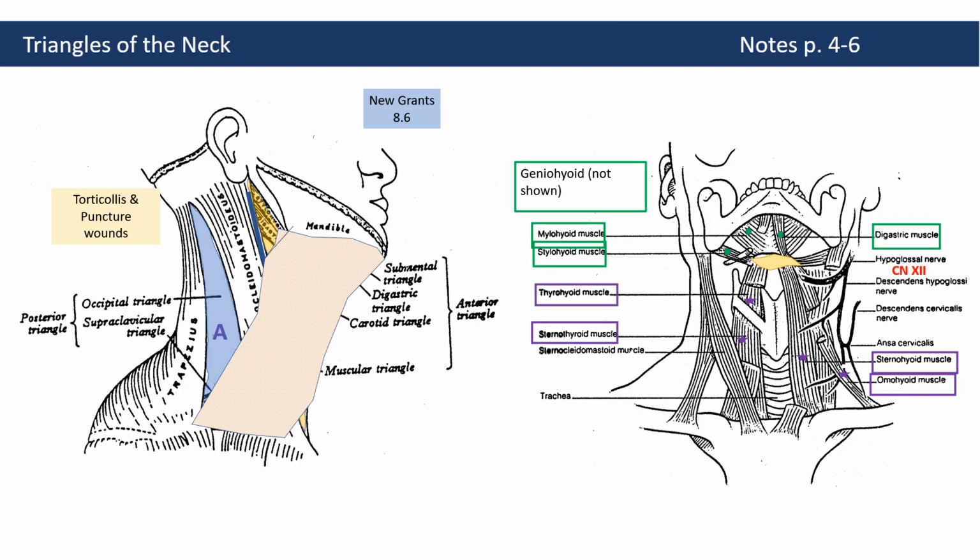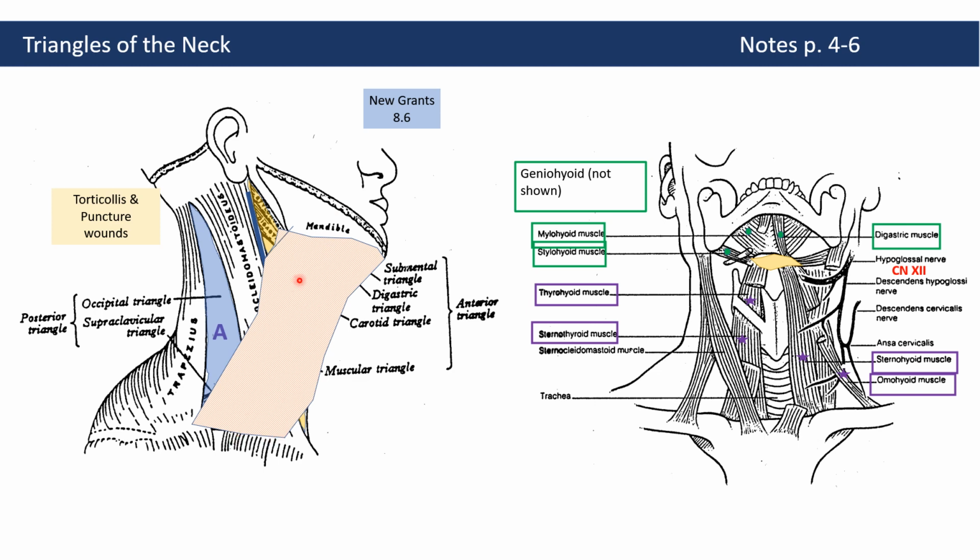So as we take a look around the neck, I've described to you briefly those columns, and I will talk more about that. But another way that we can orient ourselves to structures in the neck would be to use triangles, to describe things in terms of their triangles. What I'm showing you here and what I've drawn in here is the platysma muscle.